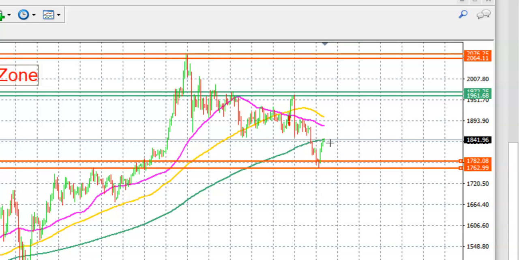Because if the price crosses above the 200-day simple moving average, it will send a signal that bulls are strongly back in control, and they are going to push the prices to the next price level. The next price level is going to be your 50-day, and after that your 100-day simple moving average.